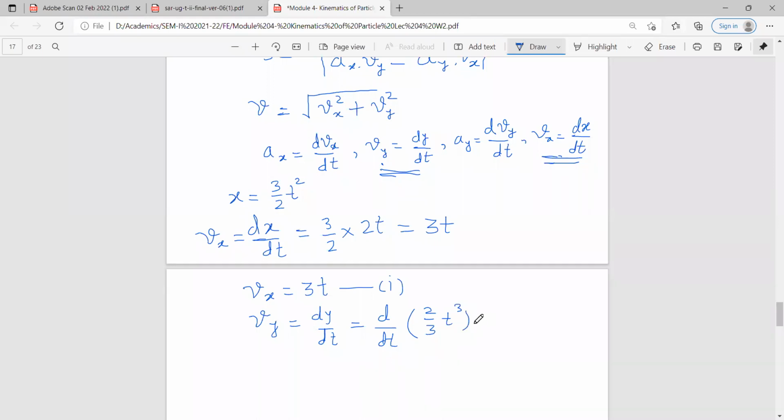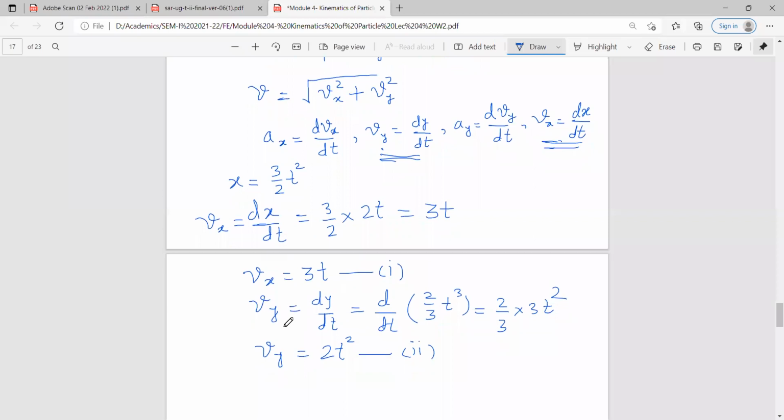When you solve this, you see what you get: 2 by 3 into 3t square, that gives me 2t square. It is the velocity in y direction.